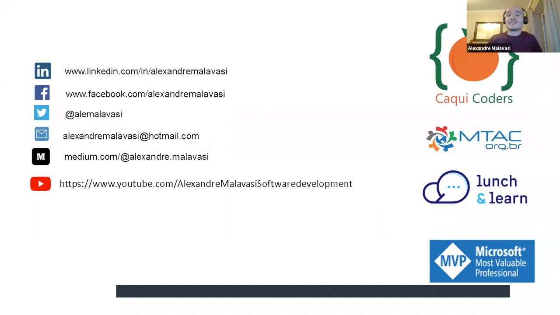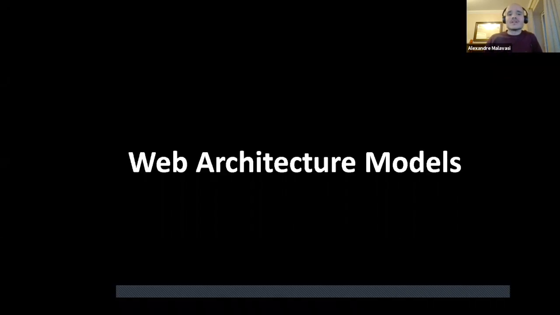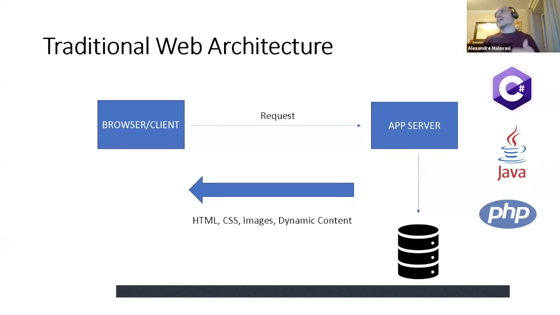under the developer technologies category. So let's talk first, before we jump to a demo using .NET 5 and Vue.js 3, about web architecture models. That's the traditional, or at least what I call traditional, web architecture that has been in the market since the beginning of web development, which consists of a browser or client sending a request to the server.